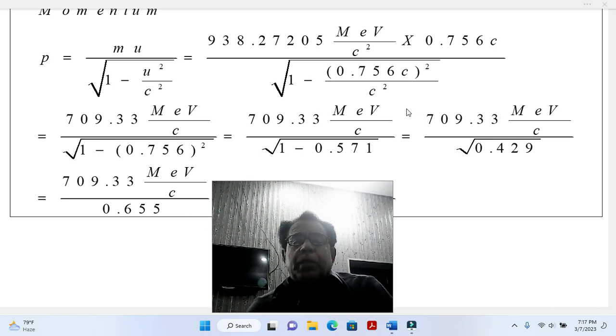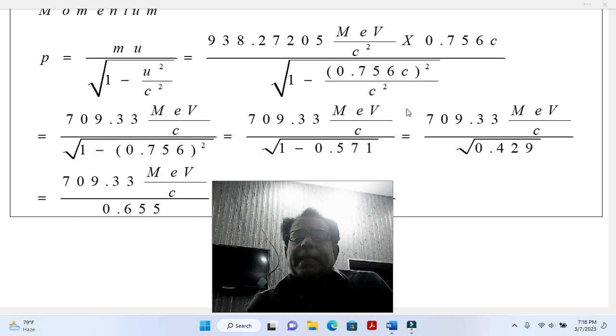Okay, so this alternatively becomes equal to 709.33 million electron volt over c over under root 1 minus 0.571. From where has this 0.571 come?